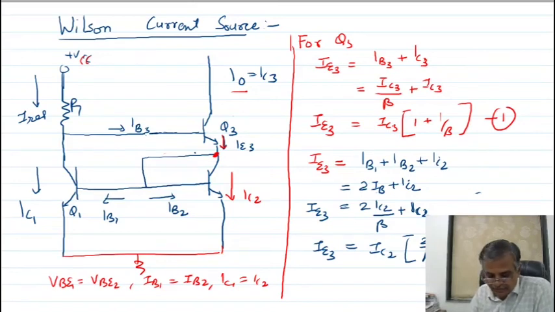Look what I did. Simple way. I find the ammeter current by this addition. This ammeter current is nothing but IB3 plus IC3, that I have written here. This ammeter current is nothing but IB1 plus IB2 plus IC2, that I have written here.